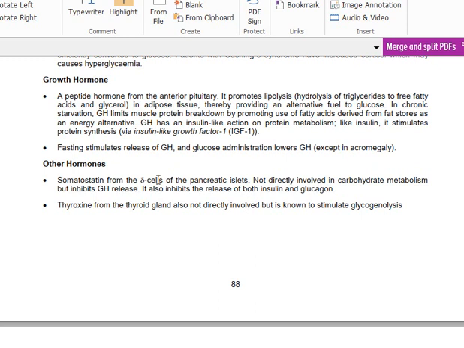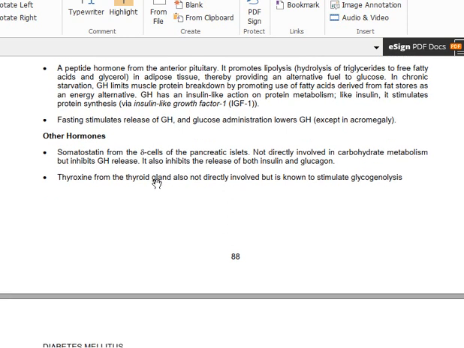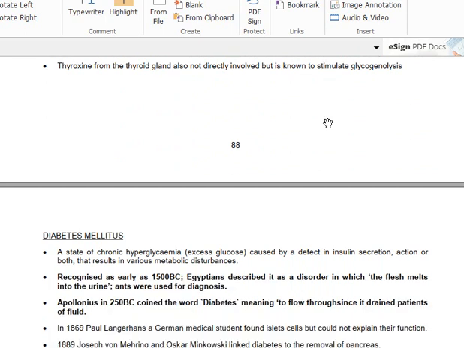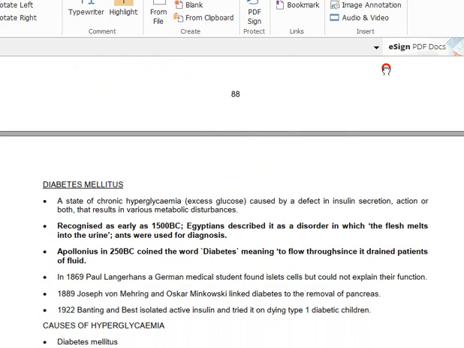You need to know that somatostatin is one of the hormones mostly used in inhibition. Is it clear? Inhibition is somatostatin: inhibition of growth hormone release, inhibition of insulin, inhibition of glucagon. Now the next is thyroxine. Thyroxine from the thyroid gland is also not directly involved with the stimulation of glucose, the glycogenolysis, but it's also involved in that.